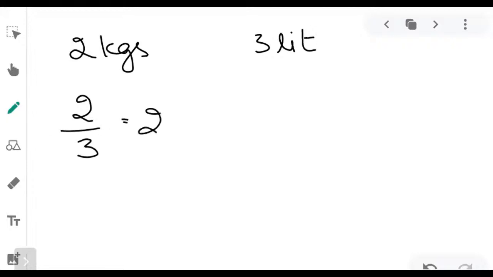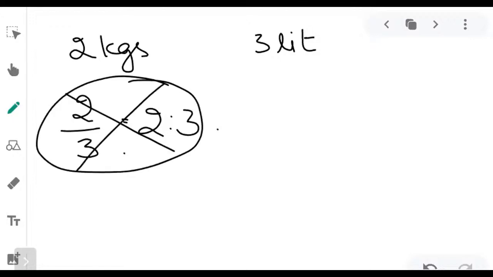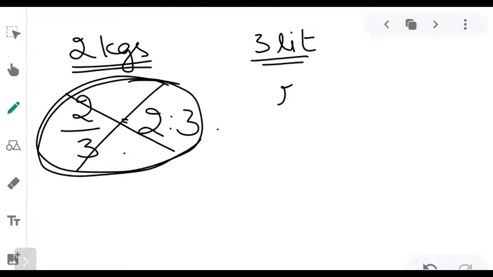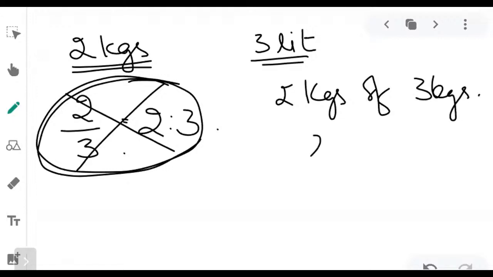That is 2:3. Can we write like this? No. We always make ratios between same units. Let's say I have 2 kgs of rice and 3 kgs of wheat. Only then you can write this as 2:3.